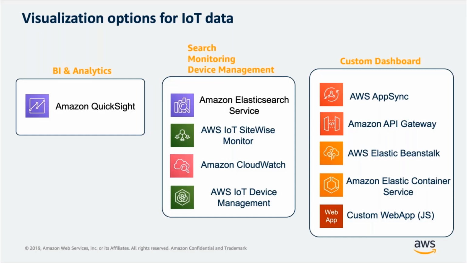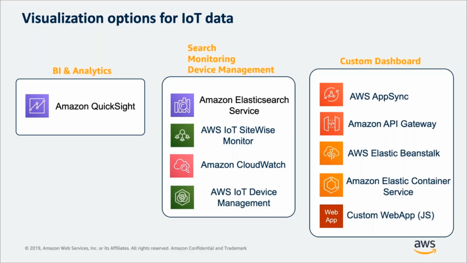In the search, monitoring, and device management space, we have Elasticsearch, IoT SiteWise Monitor, Amazon CloudWatch, and IoT Device Management, which allow you to do a combination of those capabilities I mentioned. So, for example, you could use data that's obtained in IoT Device Management, forward those metrics to CloudWatch, and then you can build operational dashboards in CloudWatch.